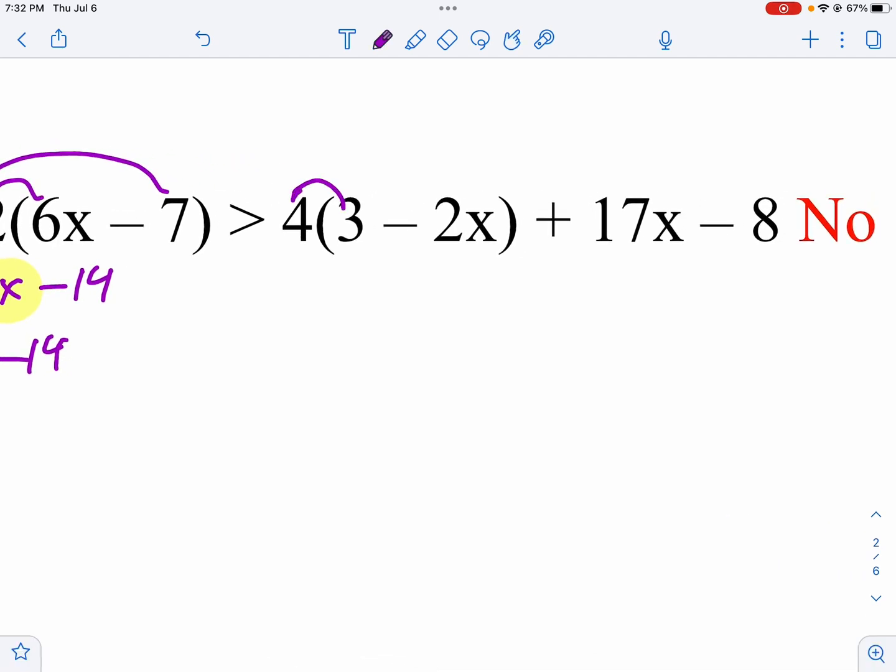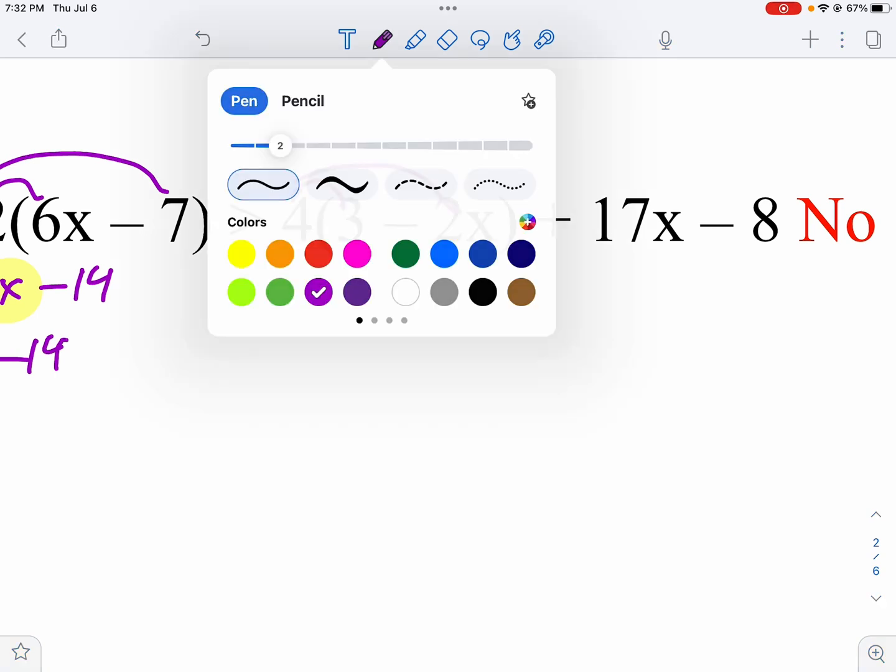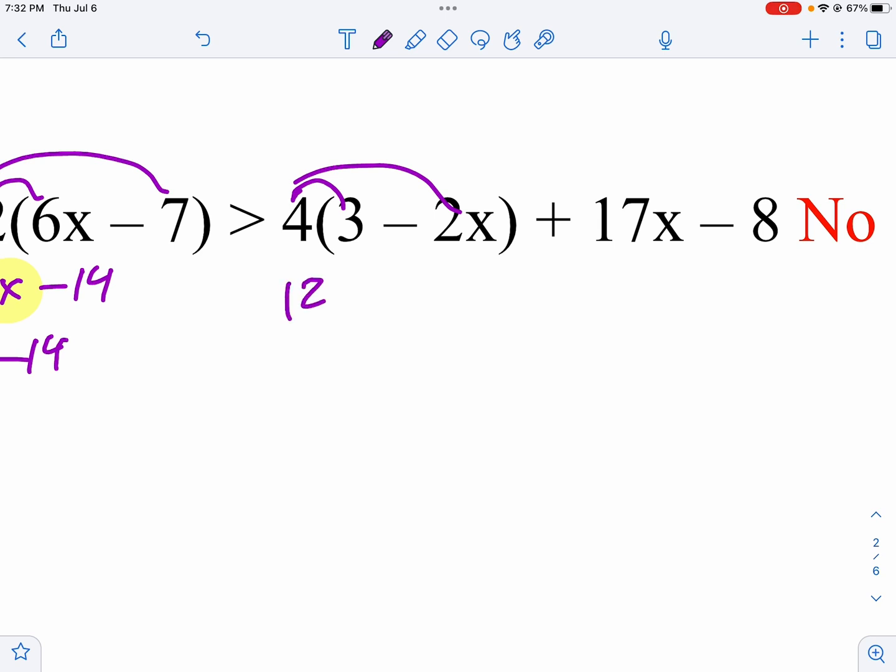I'll distribute, so we get 12 minus 8x plus 17x minus 8. Now I can combine my x terms, negative 8x.